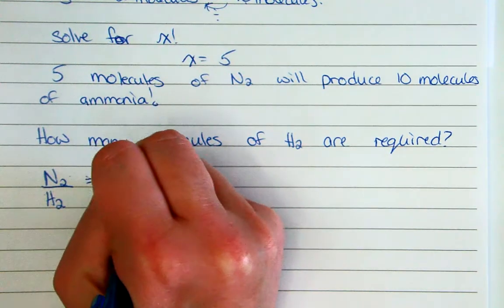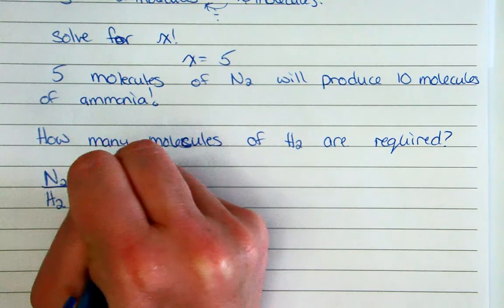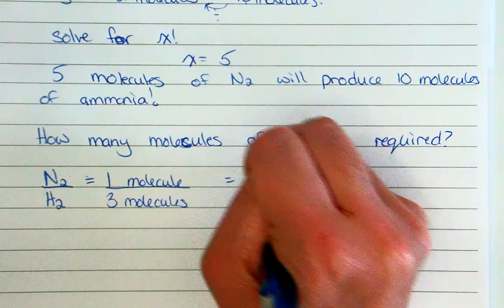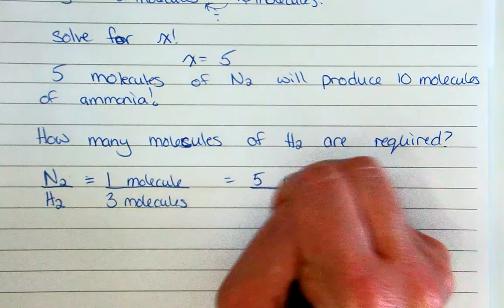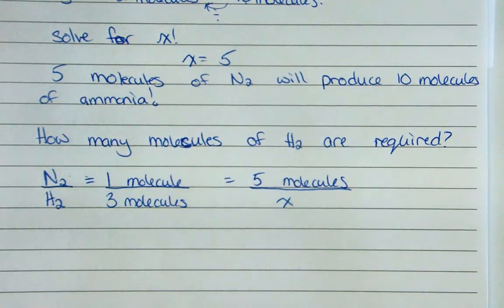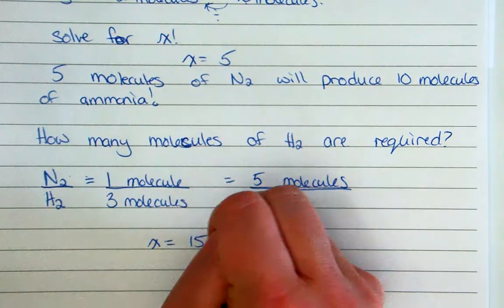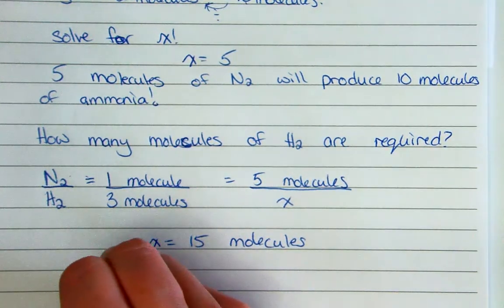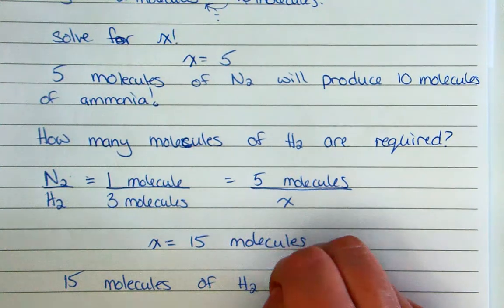My mole-to-mole ratio or molecule-to-molecule ratio is 1 molecule of nitrogen gas is reacting with 3 molecules of hydrogen gas. If I have 5 molecules of nitrogen gas, how many molecules of hydrogen gas do I need? Do your cross multiplying, and we find that X equals 15 molecules. We see that 15 molecules of hydrogen gas are required.